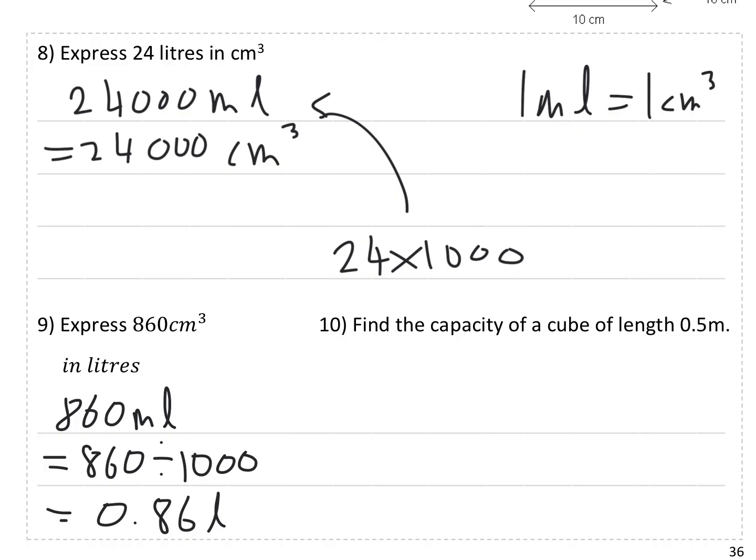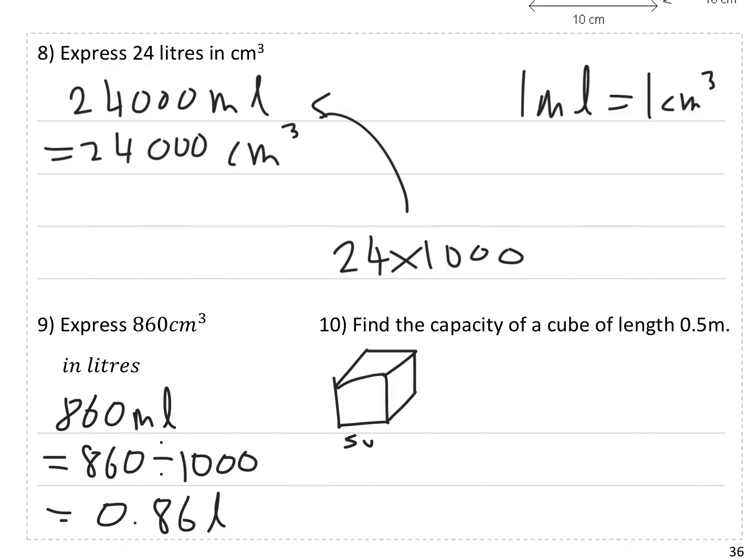Example 10. Find the capacity of a cube of length 0.5 metres. I first of all want to know its volume. So if you imagine a cube, instead of putting its dimensions in metres, I'm going to choose centimetres because the conversion that we know involves centimetres cubed, so I want to work with centimetres initially.